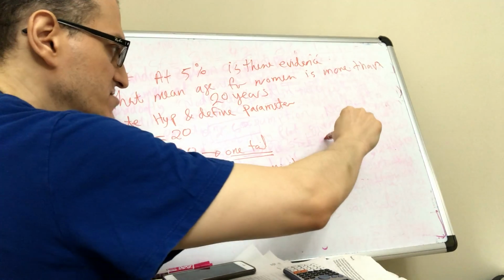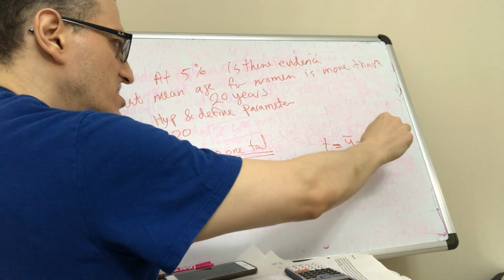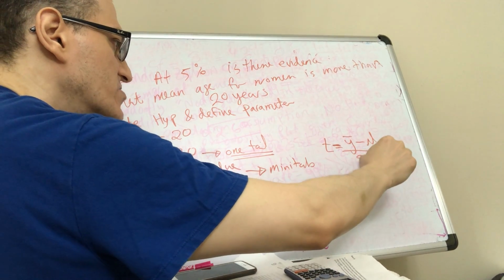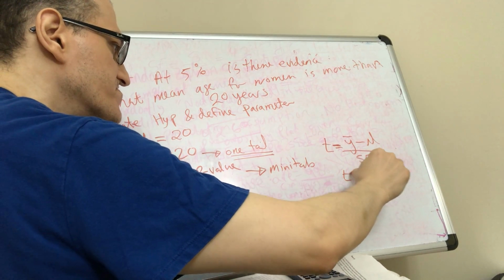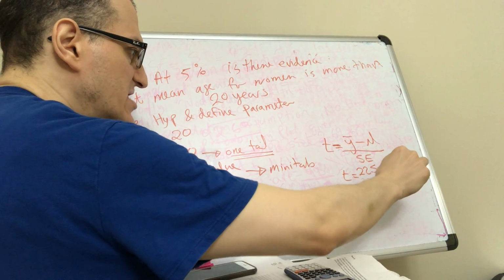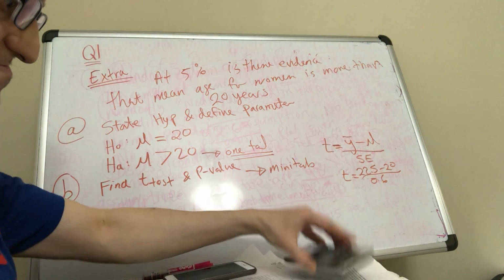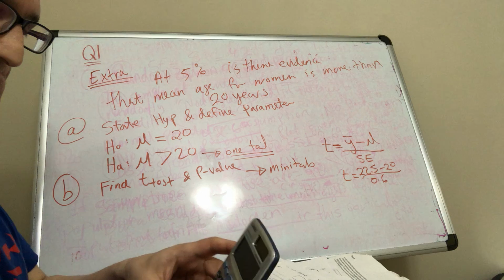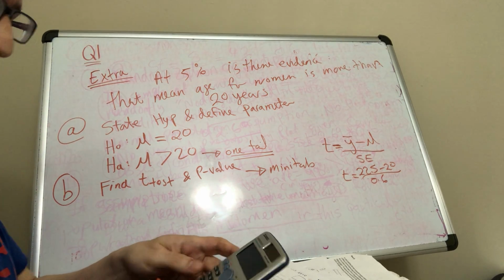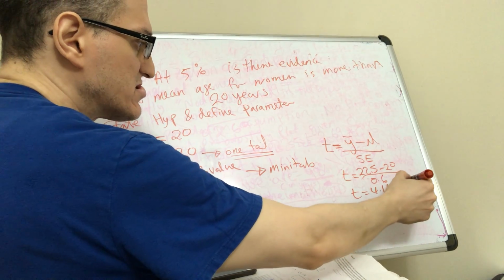For the t-test, we follow this formula: Y bar minus mu over the standard error. Y bar is 22.5, mu is 20, and this one is 0.6. Your t would be 4.1667.